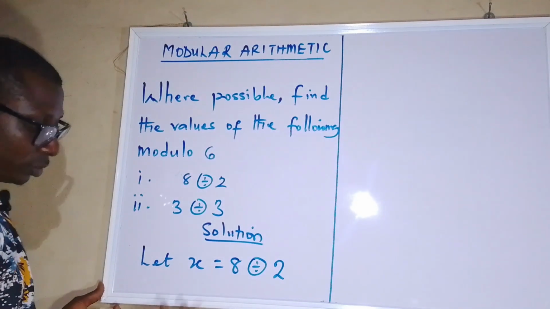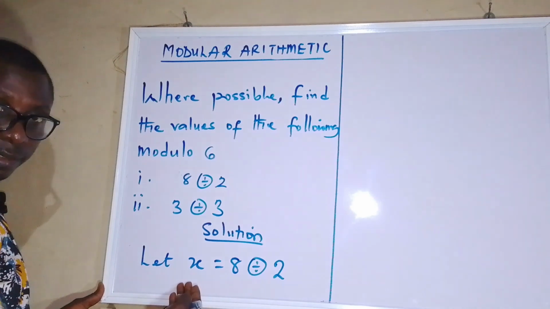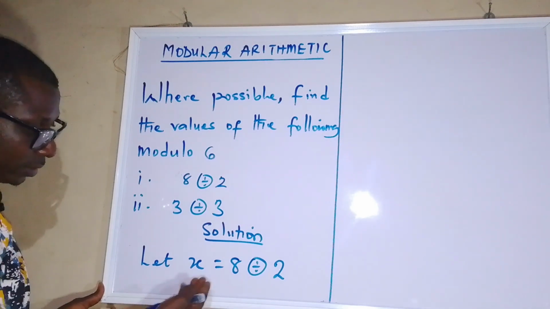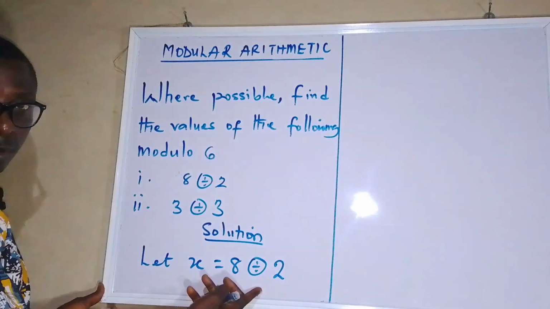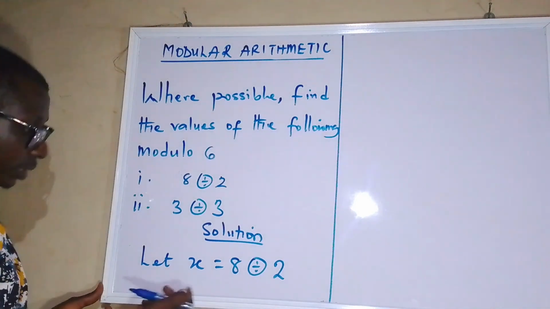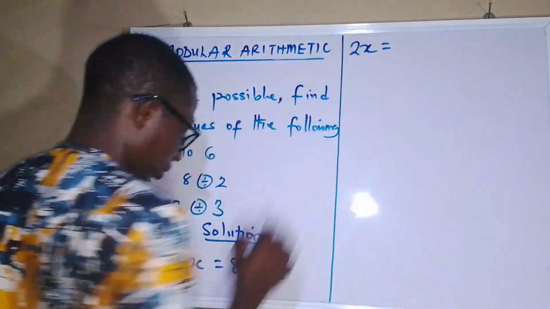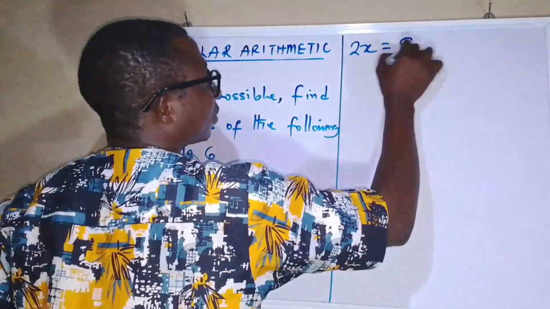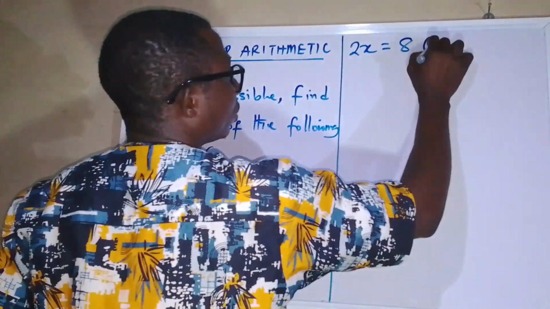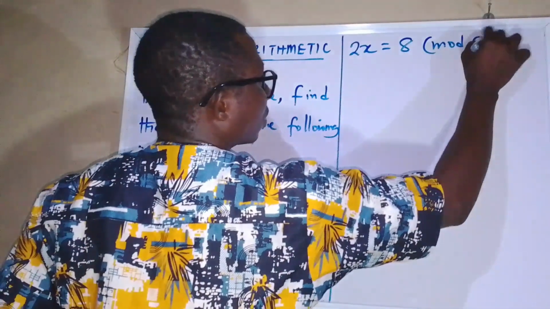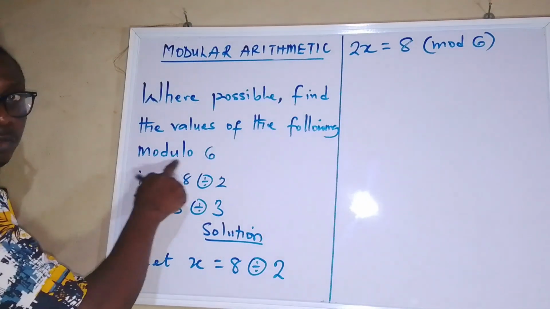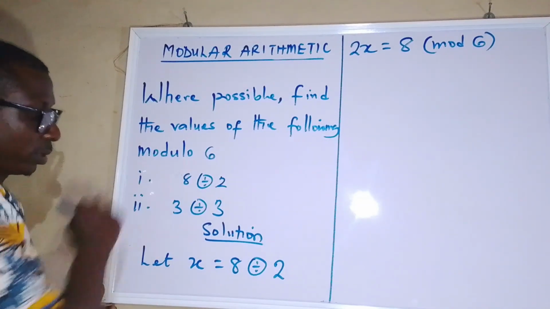That is, you are saying let your answer be x. Now you can cross multiply, so this turns to 2x equals 8 in mod 6, because it's supposed to be in modulo 6.